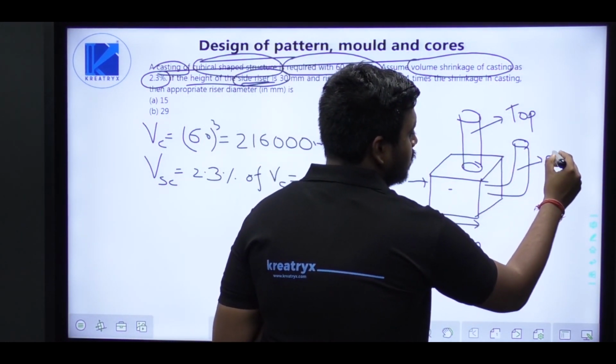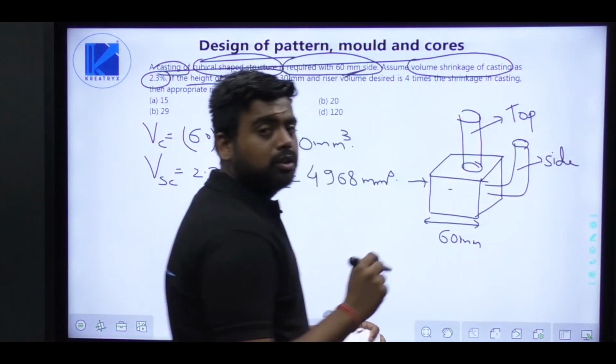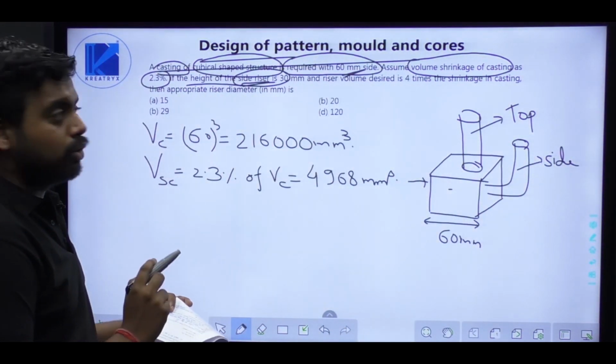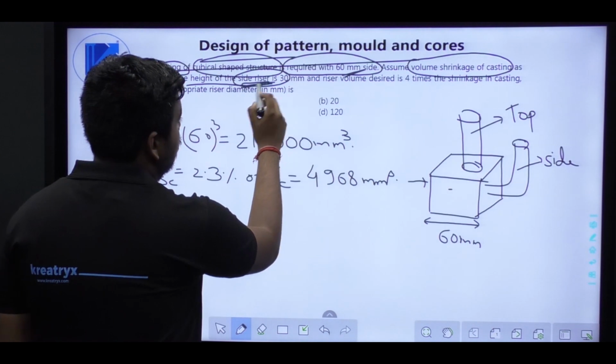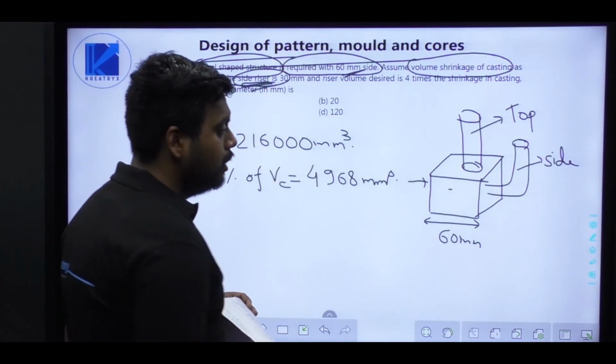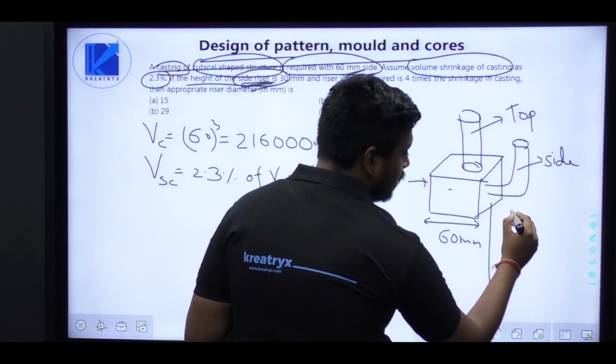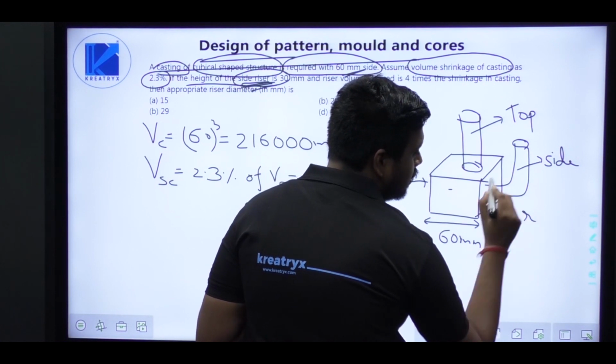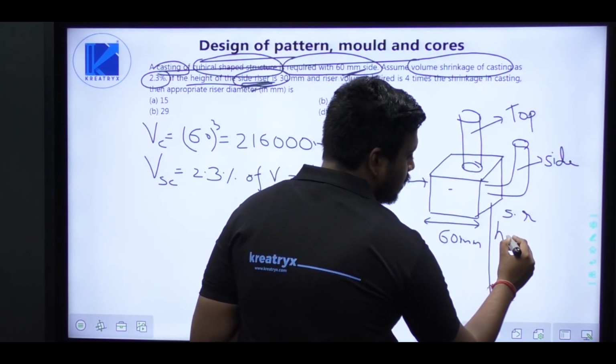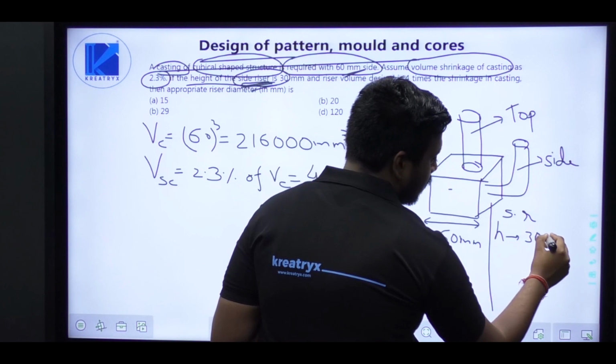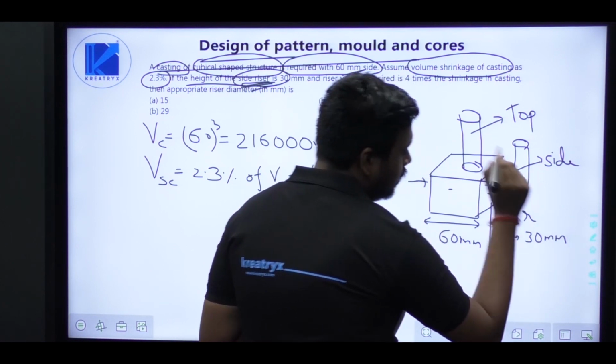So this is a side riser. In this question they are talking about the side riser, and they are saying that the height of the side riser, let's write it as SR, is 30 mm.